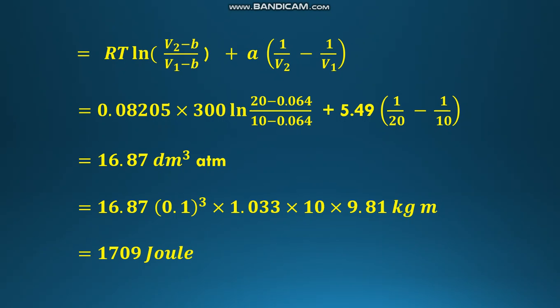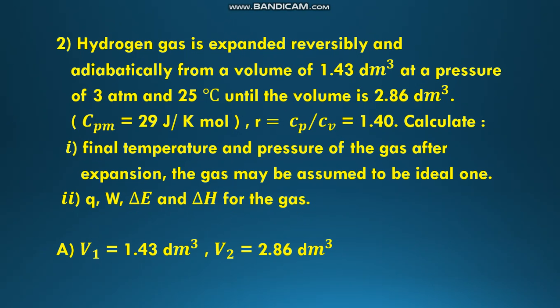The next question is: hydrogen gas is expanded reversibly and adiabatically from a volume of 1.43 decimeter cube at a pressure of 3 atmosphere and 25 degrees centigrade until the volume is 2.86 decimeter cube.